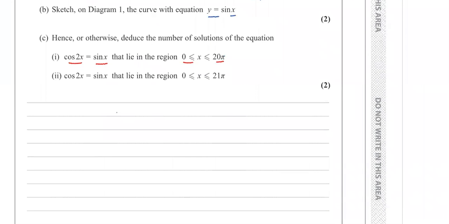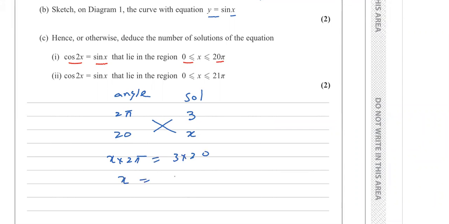So I can say for 0 to 2 pi, here if I write the angle and here the solutions, for 2 pi there are 3 solutions. So for 20 pi, how many solutions will there be?